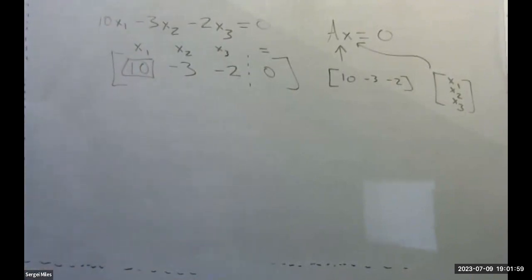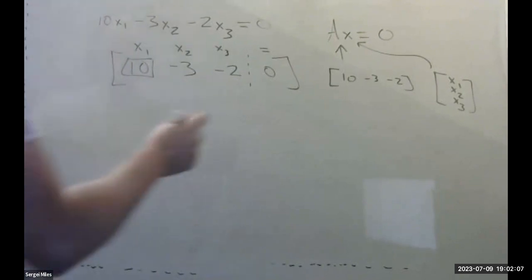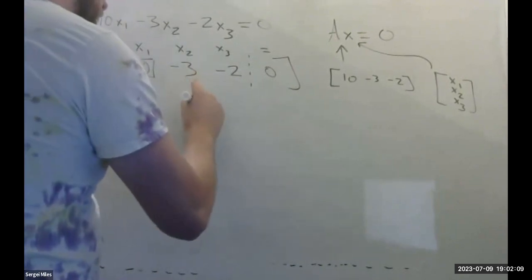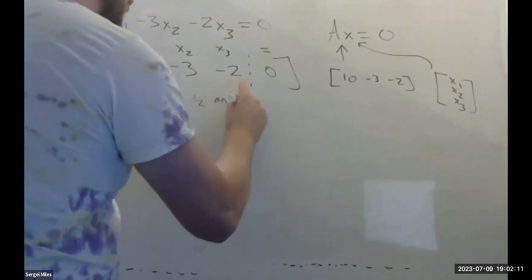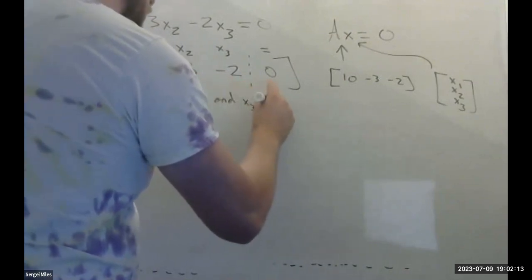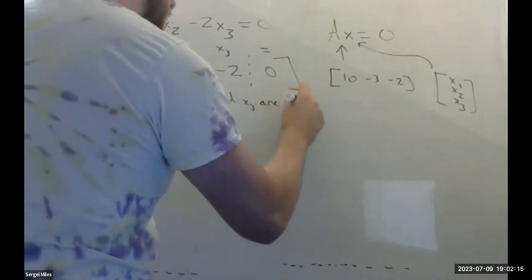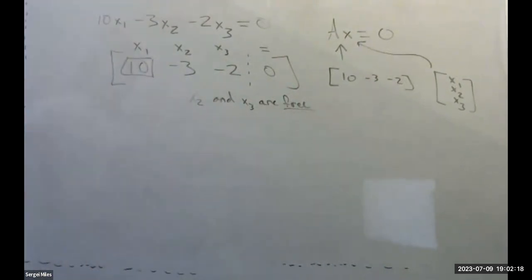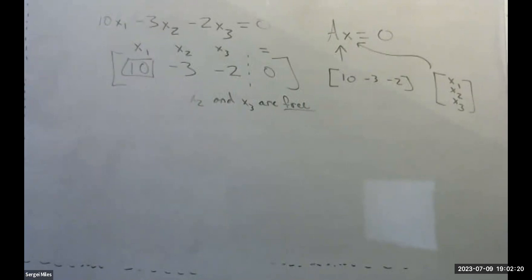And in fact, I actually don't have to do anything to reduce this matrix as it is. But what happened here? X2 and X3 do not have pivots. In other words, both X2 and X3 are free. So that's going to be key in trying to figure out what are solutions to this equation.